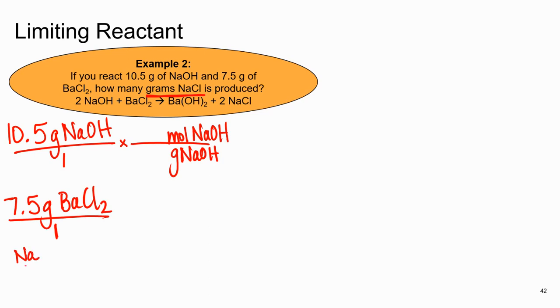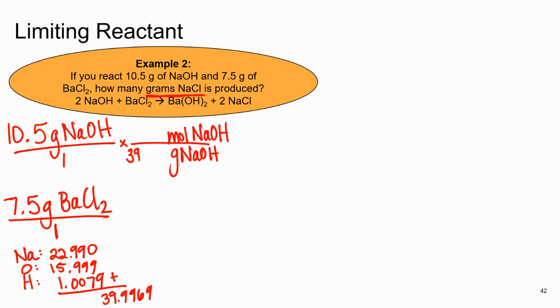We'll need a sodium and an oxygen and a hydrogen. And we're going to add up the masses of sodium and oxygen and hydrogen. And then we'll put that with grams because that's the number of grams that are in every one. It goes with mole.